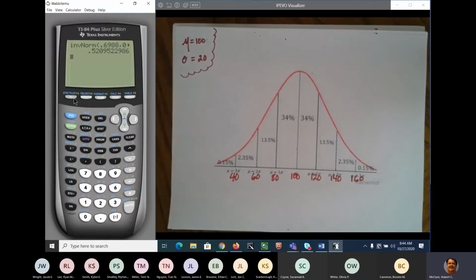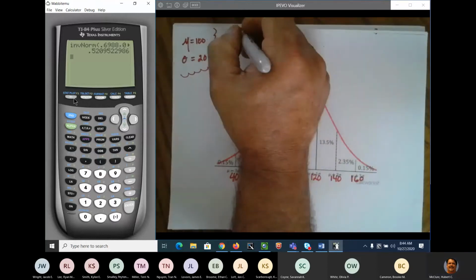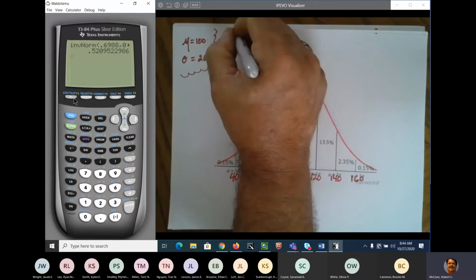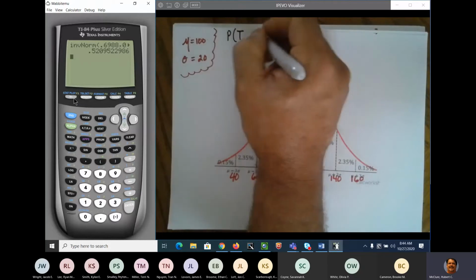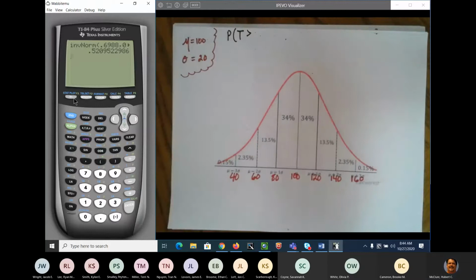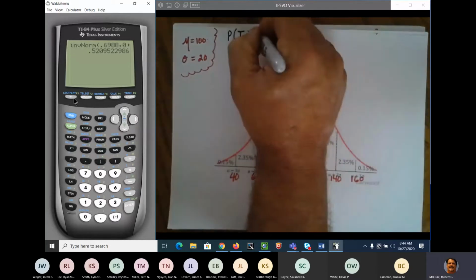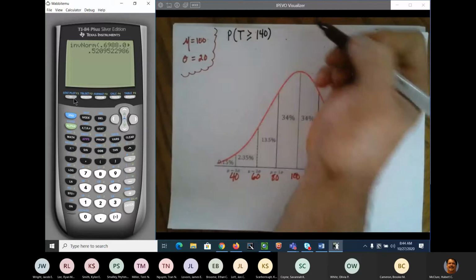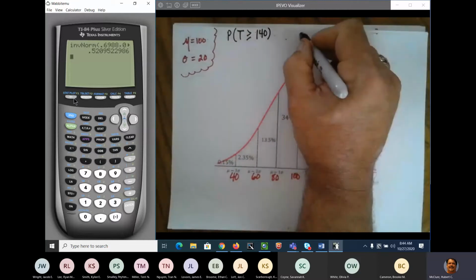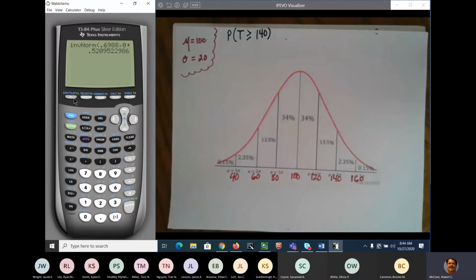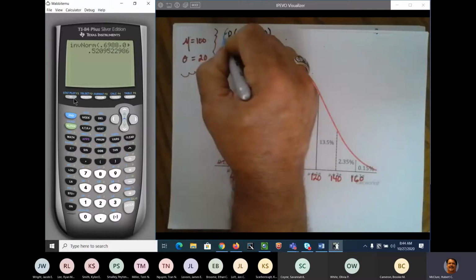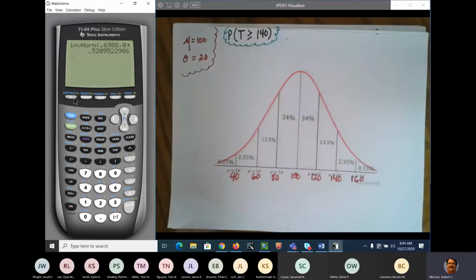The question will say, find the probability of a test score being greater than or equal to 140, and we'll do that in blue.